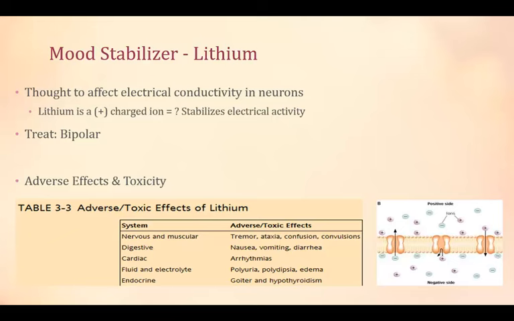If a person has hyponatremia, this can increase the risk of lithium toxicity because the kidneys are going to attempt to reabsorb that sodium, which essentially leads to increased reabsorption of lithium, also causing toxicity. Hypothyroidism has an effect.